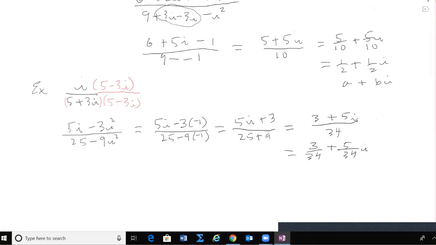All right, now let's look at another related problem. So now we've got addition, we can subtract, we can multiply, we can divide.